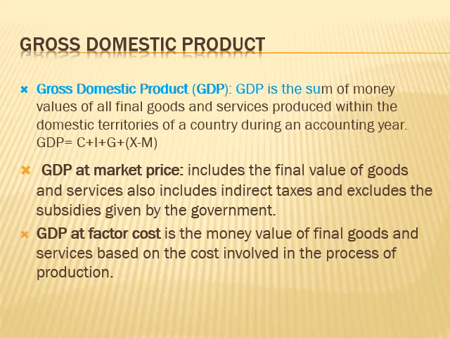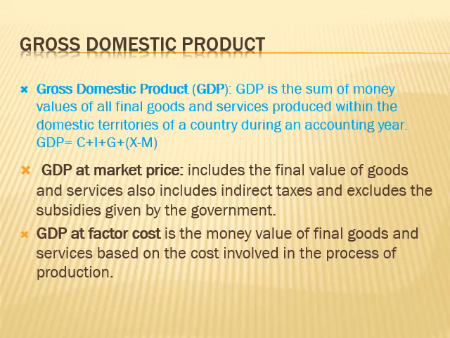So GDP equals C plus I plus G plus X minus M. C stands for consumption sector, I investment sector, G government sector, X stands for export and M stands for import. X minus M stands for net export. So this is the equation that explains the gross domestic product.